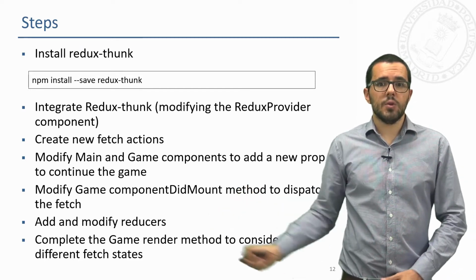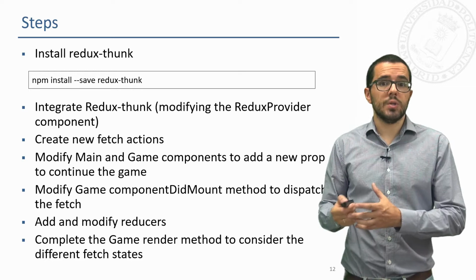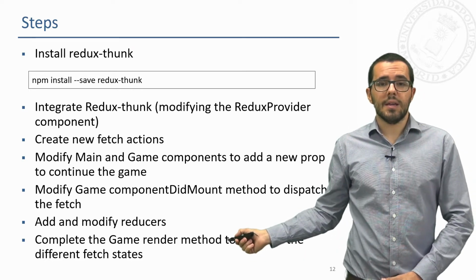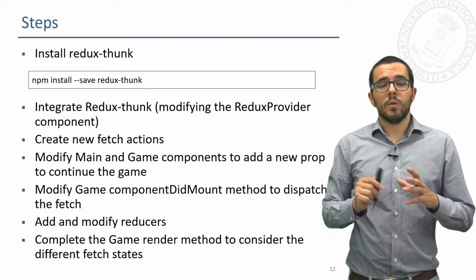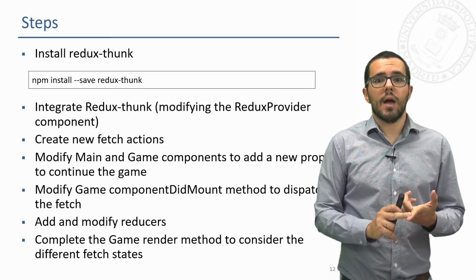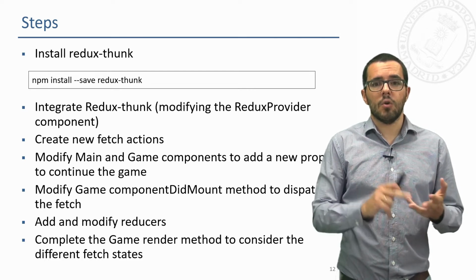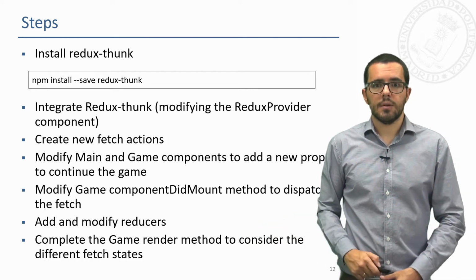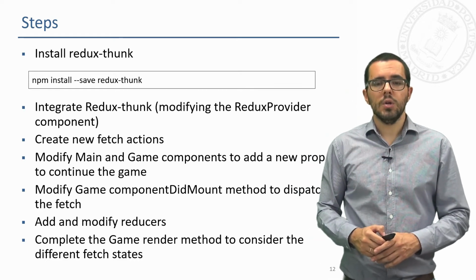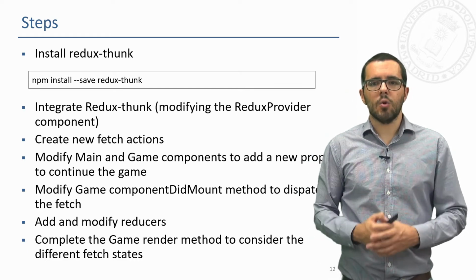We will modify the reducers to add new reducers to treat this part of the state, and finally, in our application, we will consider the different states as we saw, while we are fetching or finished or an error, just to show it.